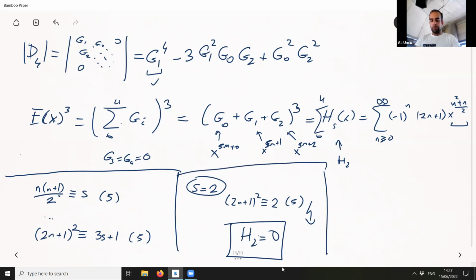But what is h2? Can we also find what h2 is supposed to be from here? We are going to combine 3 things and make it 2 modulo 5. And we know the first one contributes 0 modulo 5, the second one contributes 1 modulo 5, and the third one contributes 2 modulo 5. What do you think?